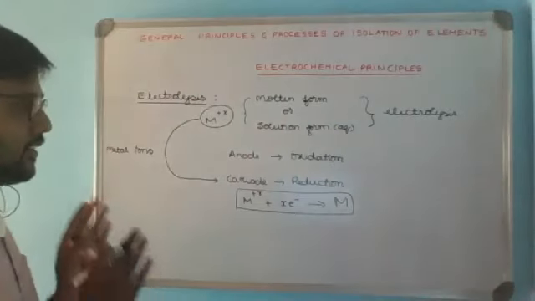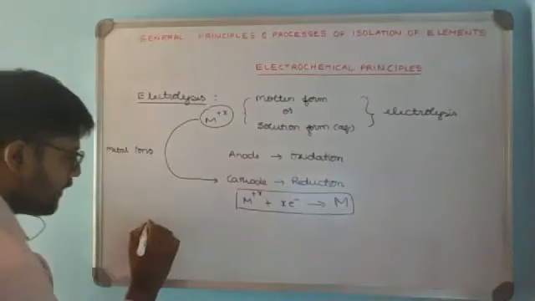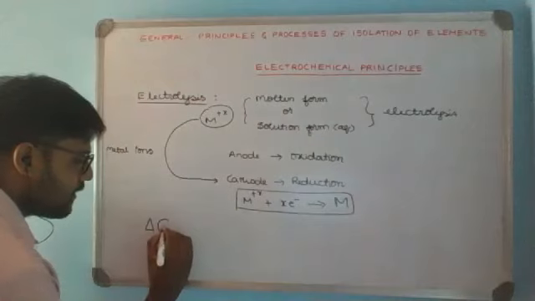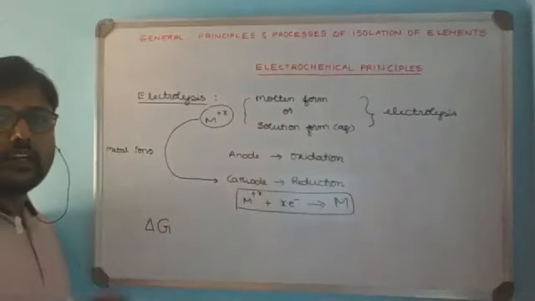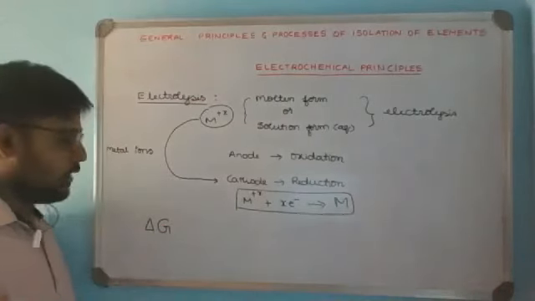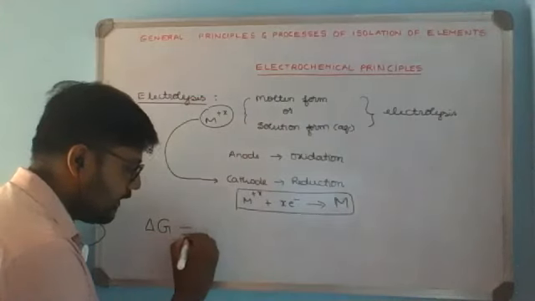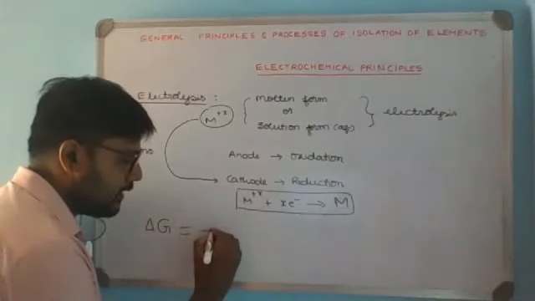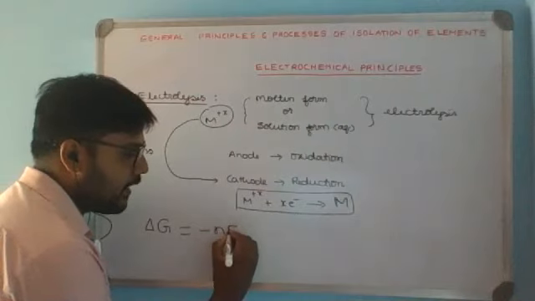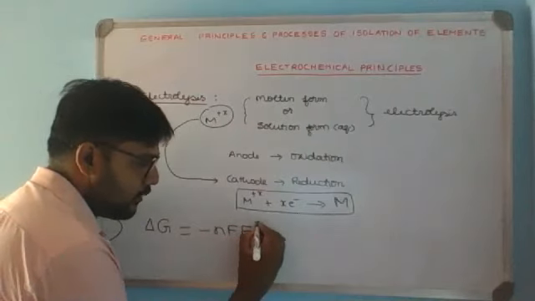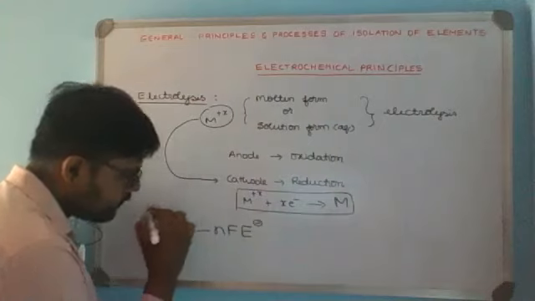To understand this, we have one equation which explains the complete feasibility aspect of the electrolysis process. It is delta G naught equals minus n F E naught, with respect to standard conditions.